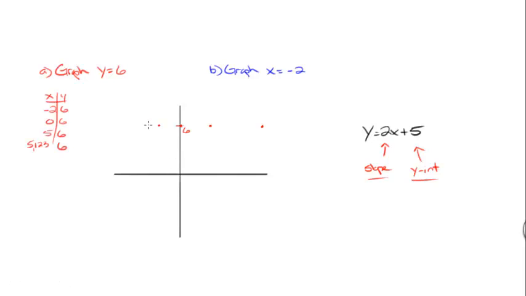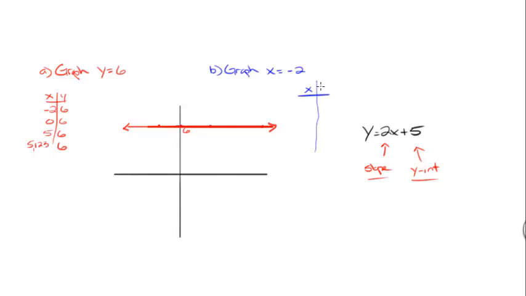What you get is a perfectly horizontal line at y equals 6, just like this. Because again, this is the line that represents all of the points on this graph that have a y value of 6.